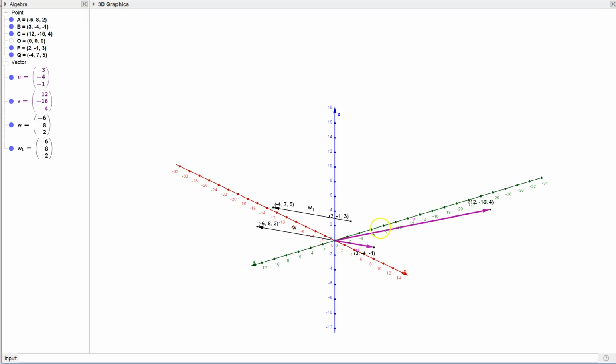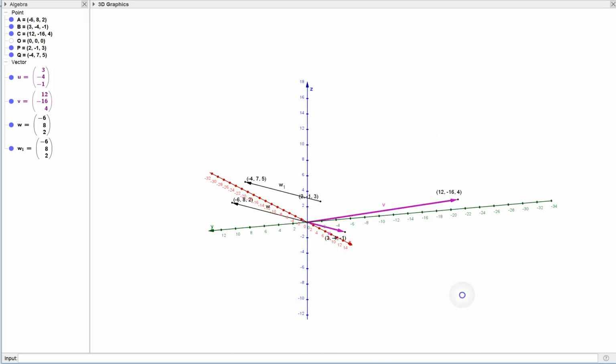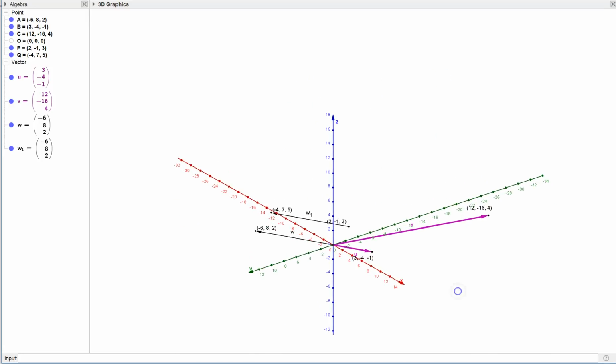Then I went ahead and plotted vector v, and I also plotted vector u. Now we can get an idea of why one's parallel, one's not, and what we mean by parallel. Notice that vector u falls along the same exact line as w after it's been moved to have an initial point at 0, 0, 0, so it's sharing the same initial point.